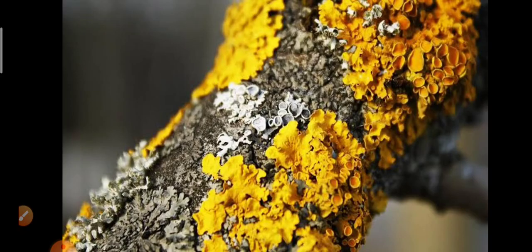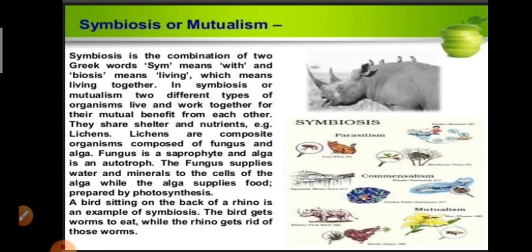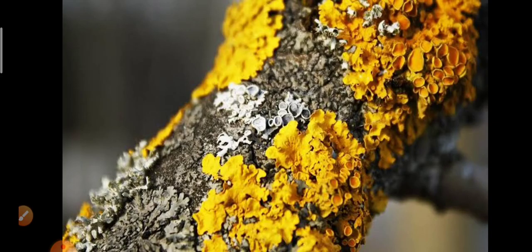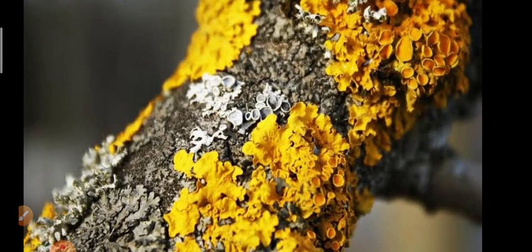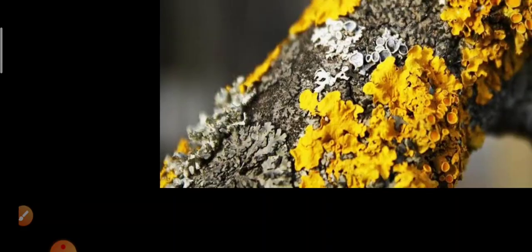Okay, students. What is symbiosis or mutualism? Here it is a combination of two words, one is sym and another one is biosis. Sym means with and biosis means living, which means living together. So here is the example of lichen. It is the lichen which grows on the trees.